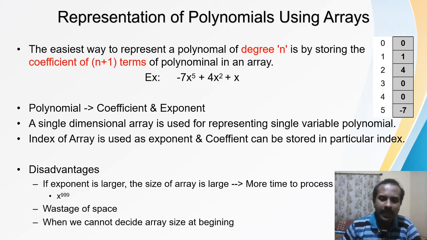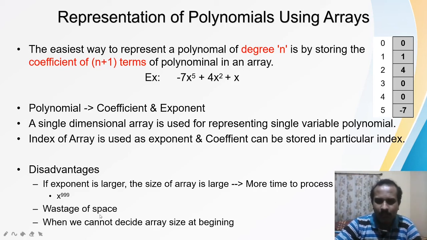And let us say that I have only one component, that is x to the power 999. It is kept in 999th index only. Even though from 1 to 998 index is there and they are just 0, we are not going to store the 1 there, you are going to store the 1 in 999th index only.